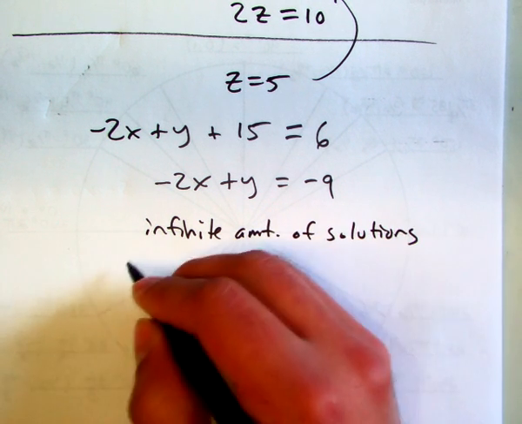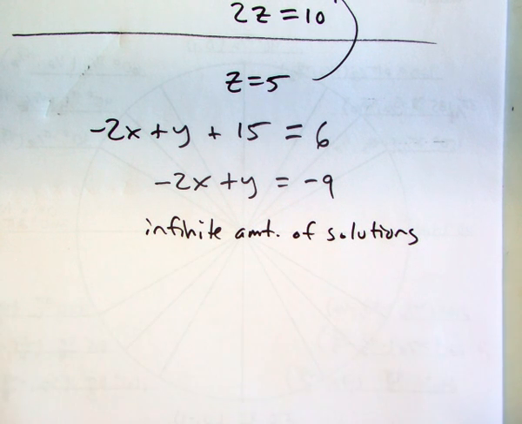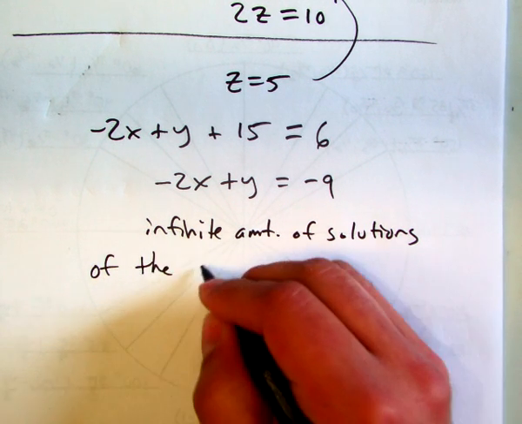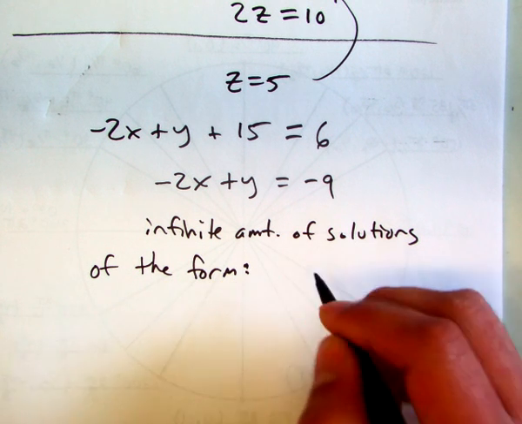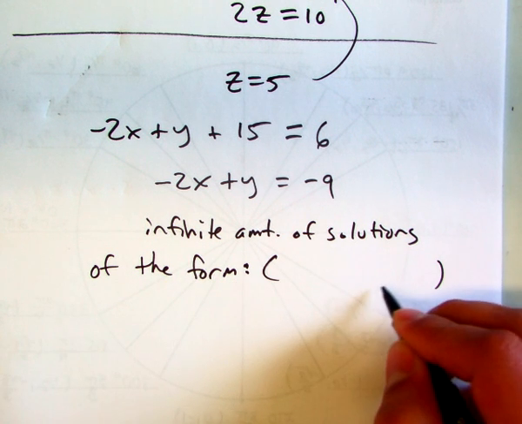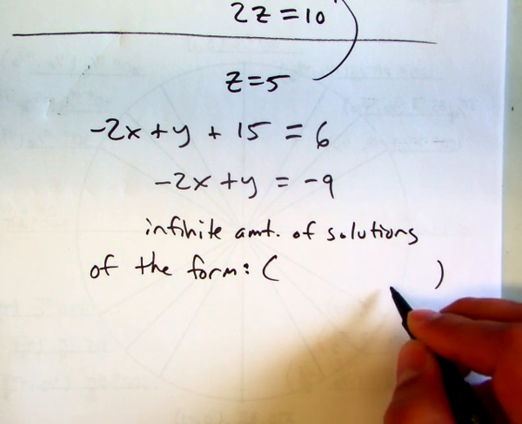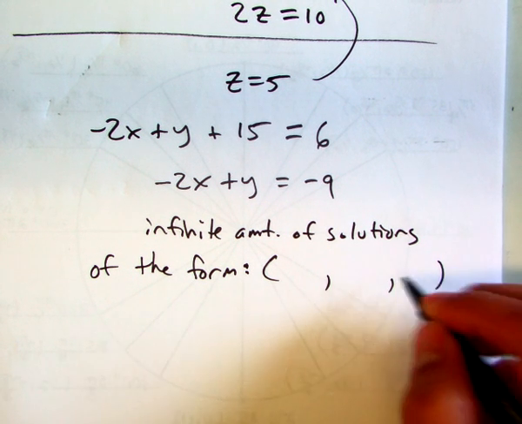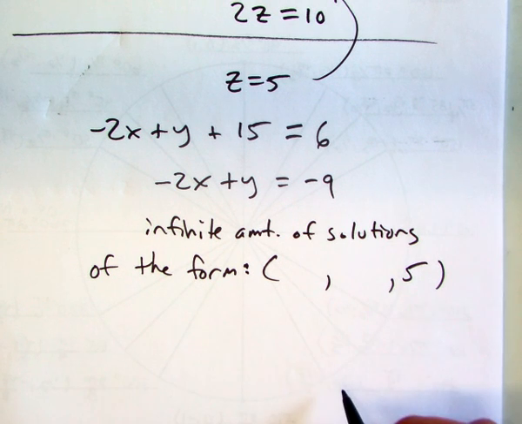And then let's try to do that format that we did earlier. Let's see, what do we know for sure? We have three different ones, right? Which one do we know? Z is equal to 5, so that's going to stay 5.